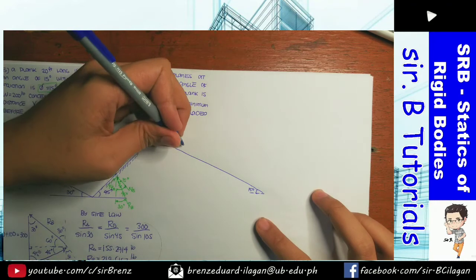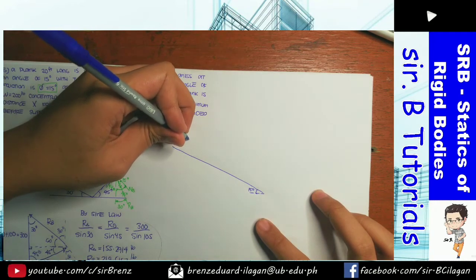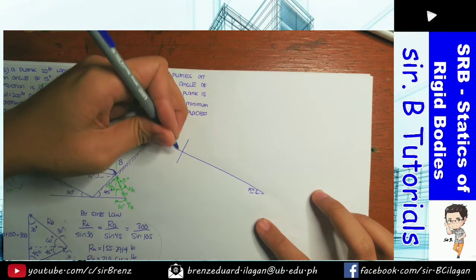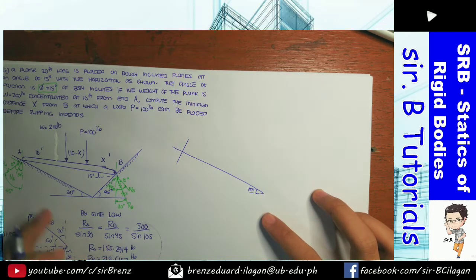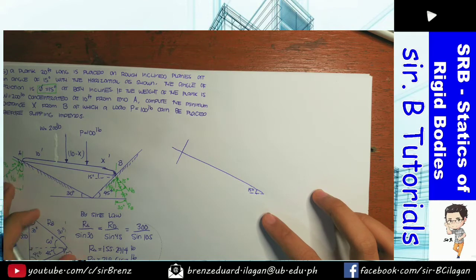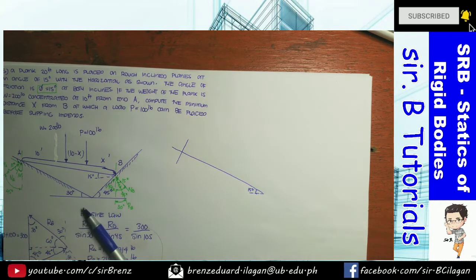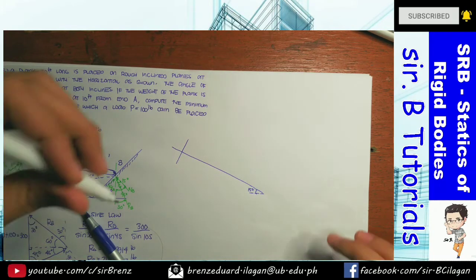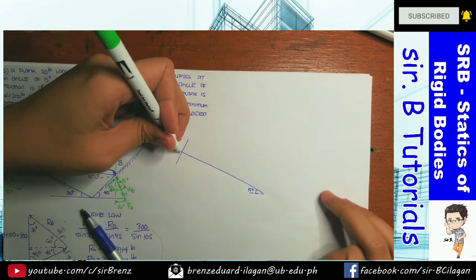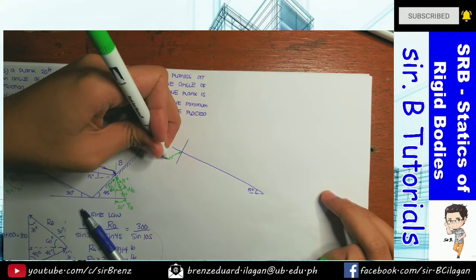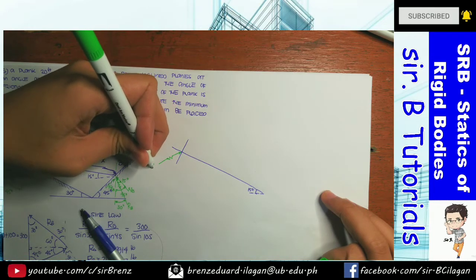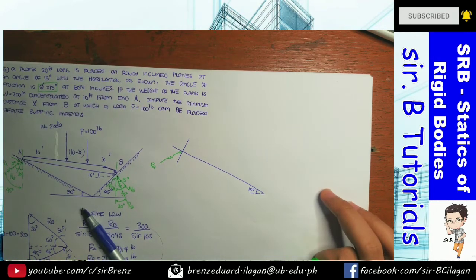Okay, so ang gawin mo, gawa ka ng perpendicular. So this will be your X and Y axis. Okay? And then, from there, ilagay mo yung iyong RA. So, gawin natin. Ito kasi si RA. Okay?